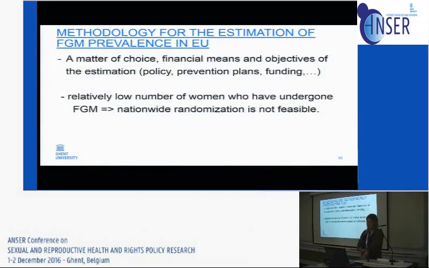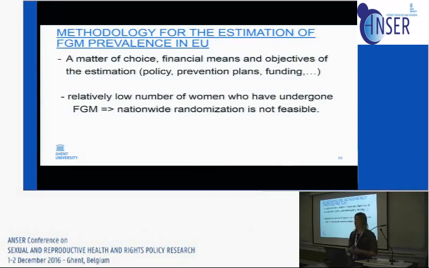Then concerning the methods, we think that it should be a matter of choice, available financial means, and the objectives of the estimation. If it's to do some policy, to plan prevention, funding, the exact number is not always necessary.